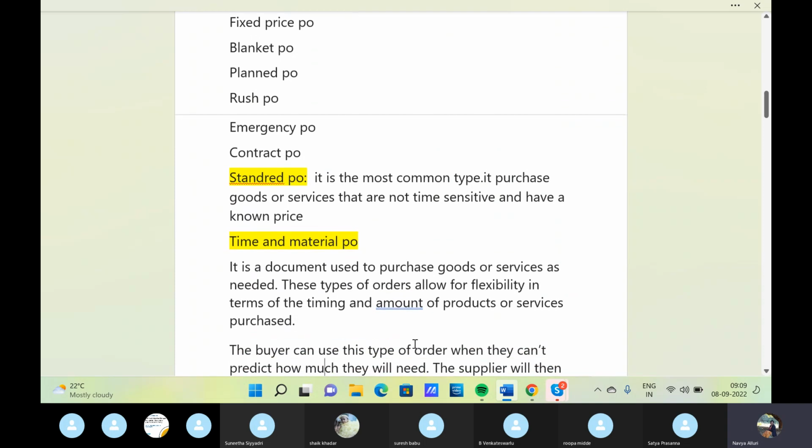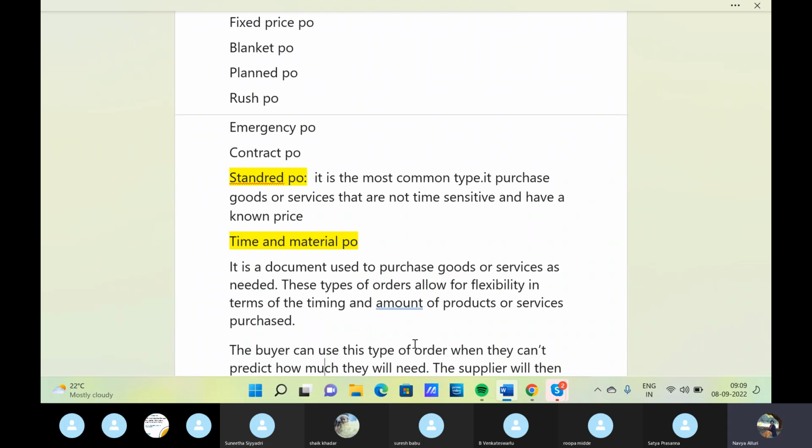Time and material PO: any company can purchase goods, services or materials, and they can mention the time and whatever material we need. That information is given in the time and material purchase order.